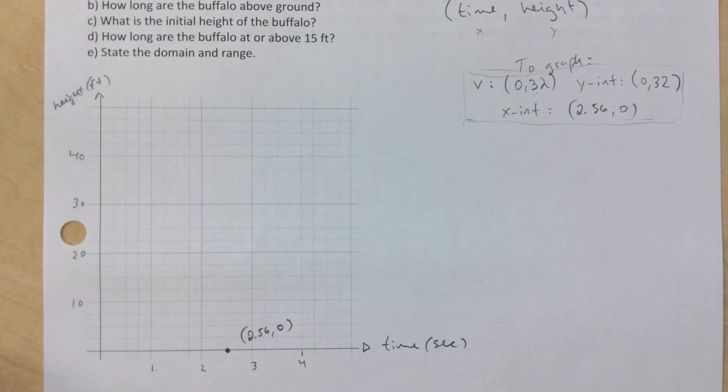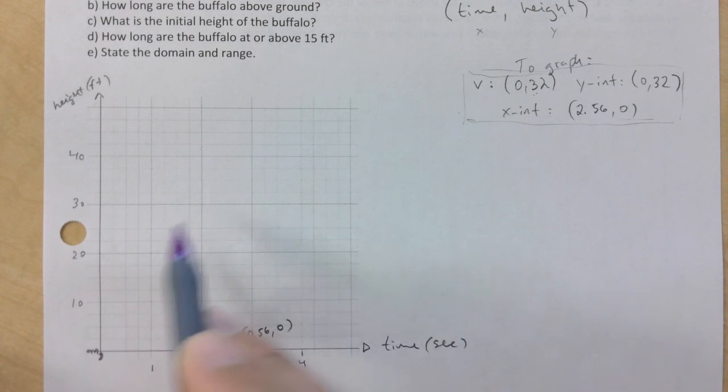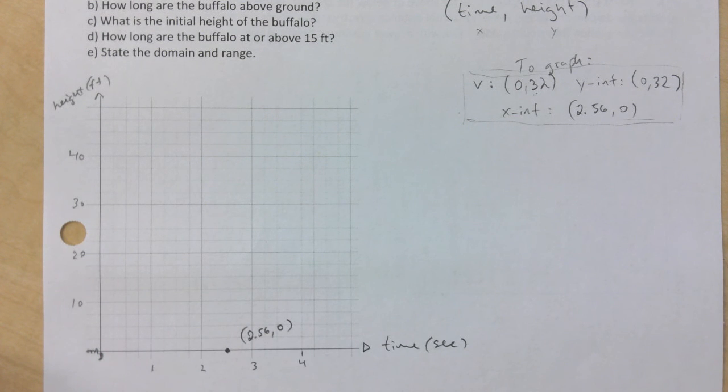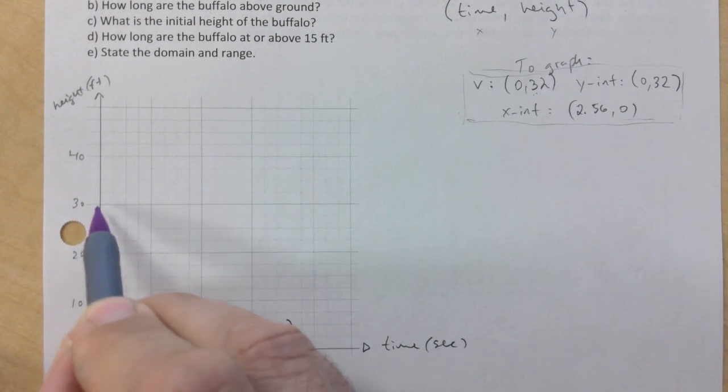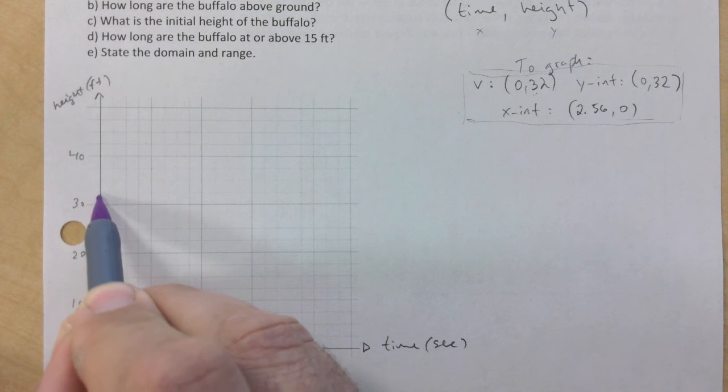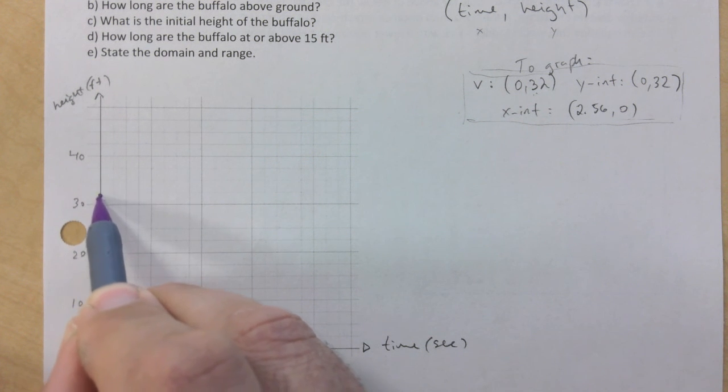I should probably add that I wouldn't want you to have anything here, it's just a little corner here. We're just in quadrant 1 based on the context. So 32 would be right about there.